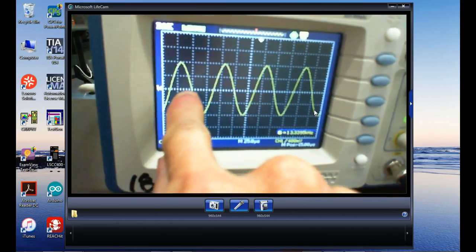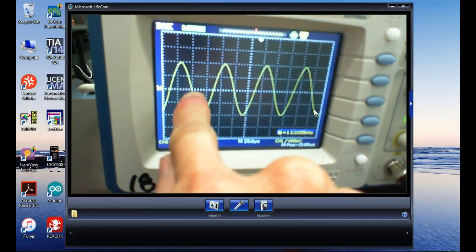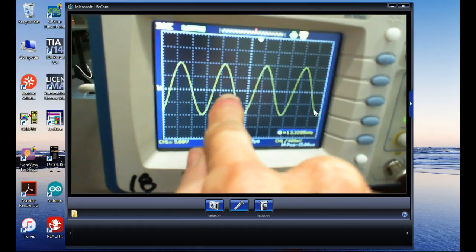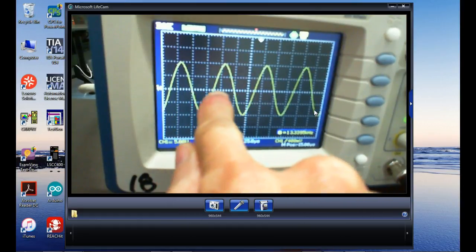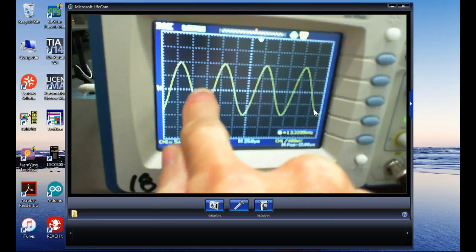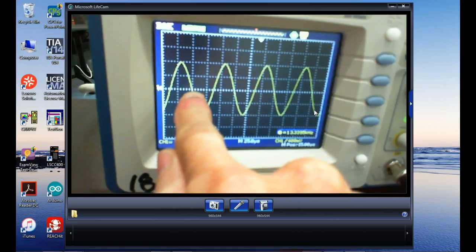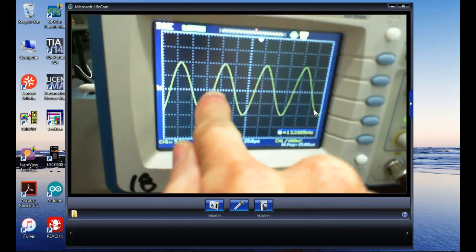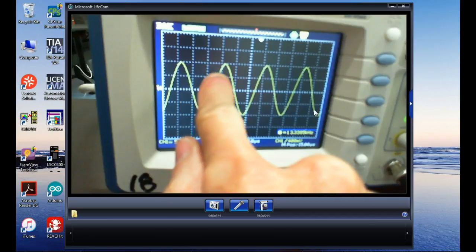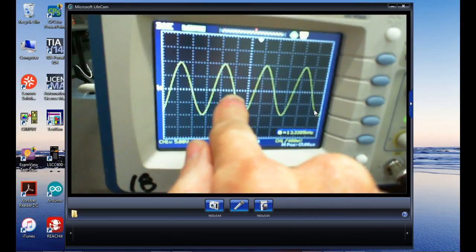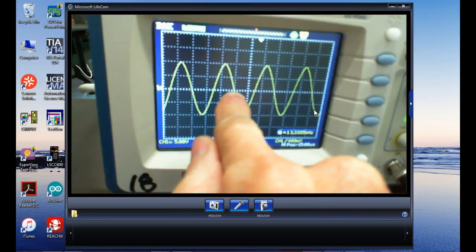Now, one cycle would be 360 electrical degrees. So the cycle would start at 0, and then this right here would be 90. This right here would be 180. This would be 270, and this right here would be 360.